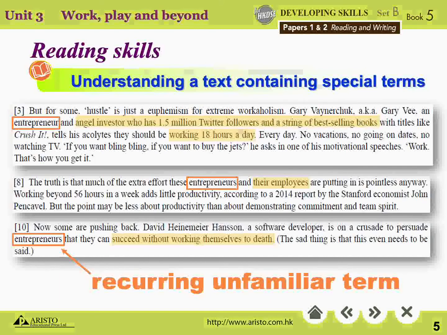This paragraph tells us that entrepreneurs do not necessarily have to work extremely hard. When we combine this contextual clue with the clues from paragraph 3, we know that although Gary V works long hours, this is not a requirement for being an entrepreneur. Taken together, these clues tell us that entrepreneurs are likely to be the owner of their own company, and that some of them work very hard.